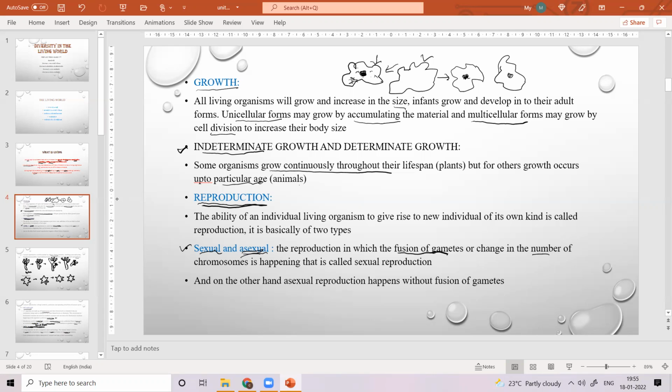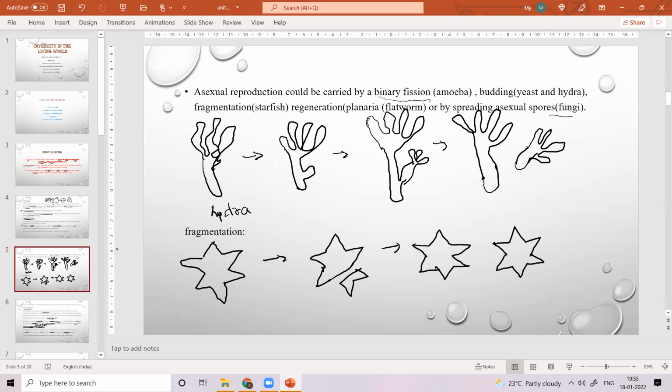In asexual reproduction, these things are not possible, and it produces offspring identical to the parents, because there is no mixture of gametes. Asexual reproduction can occur by binary fission, like in amoeba, budding, in yeast and hydra, and fragmentation, like in starfish, and regeneration.